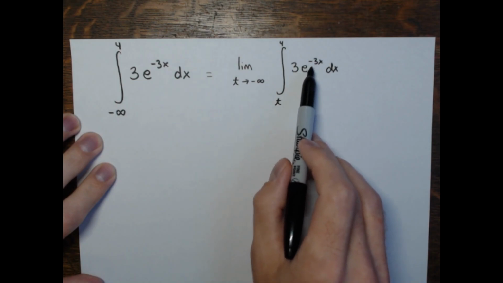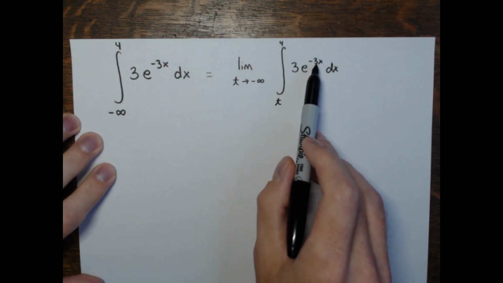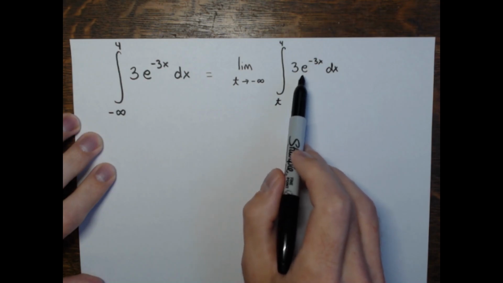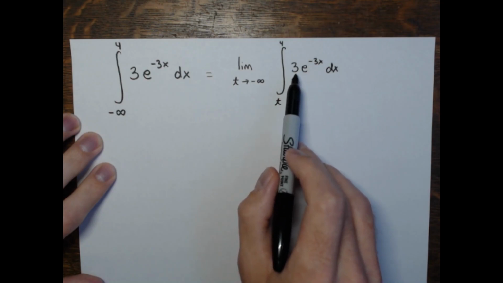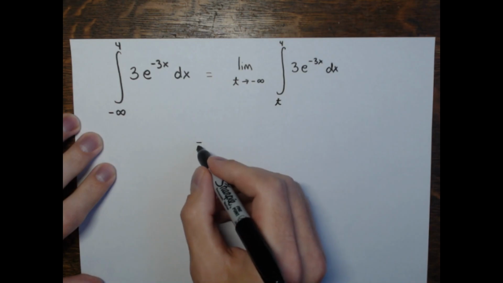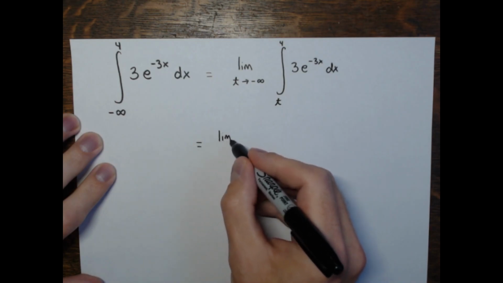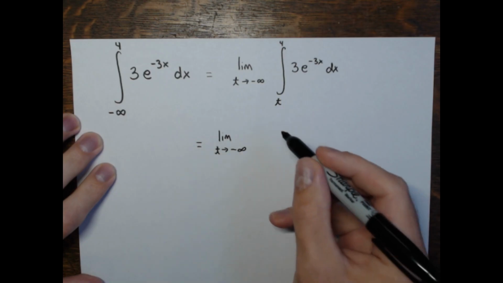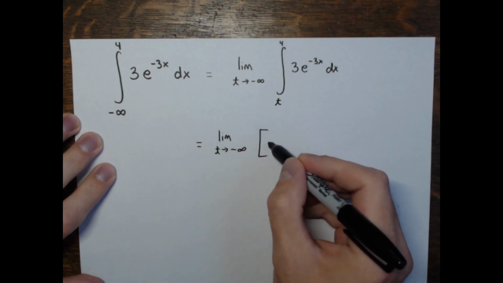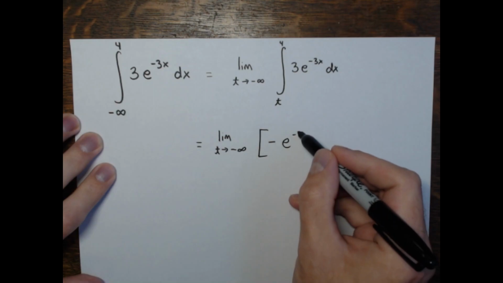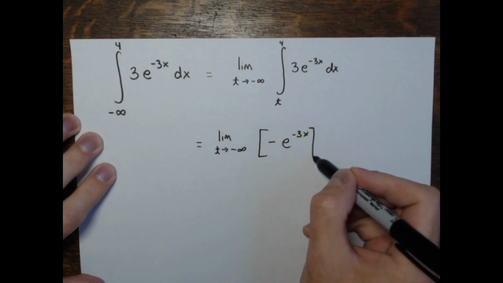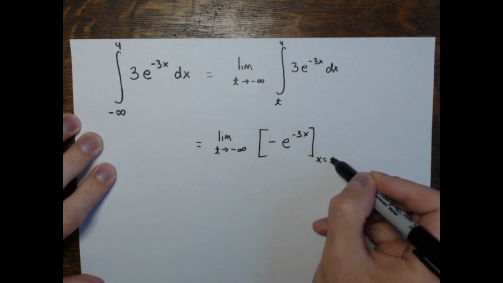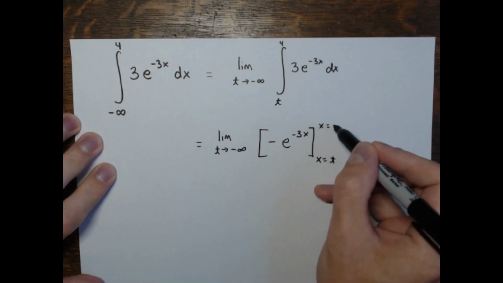The integral of e to the negative 3x would be e to the negative 3x, but then divided by negative 3. So that makes this negative 1 e to the negative 3x, right, when I anti-differentiate. So we have the limit as t approaches negative infinity of negative e to the negative 3x. And we're going from x equals t to x equals 4.